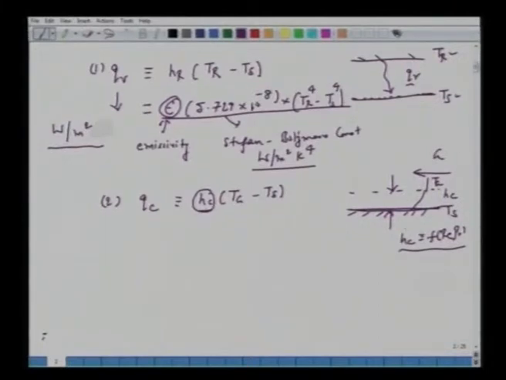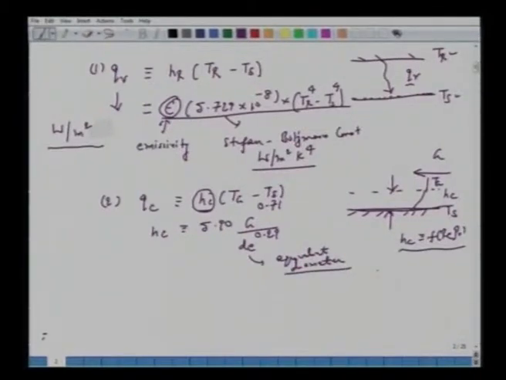Here we have the solid surface and we have the flow parallel to this. So one of the very common correlations is given as Hc equal to 5.9 G to the power 0.71 divided by dE to the power 0.29. This dE is of course equivalent diameter. So this equivalent diameter is for different flow.